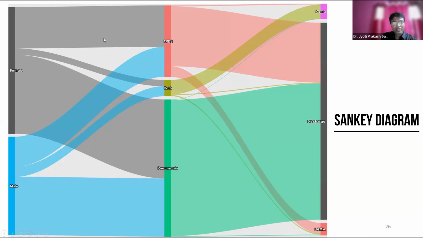We can decipher like this: if the participant has both ARDS and pneumonia, the most likely outcome is death. Just focus there, the association. It will be clear on the next one.